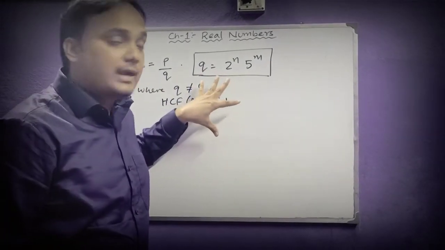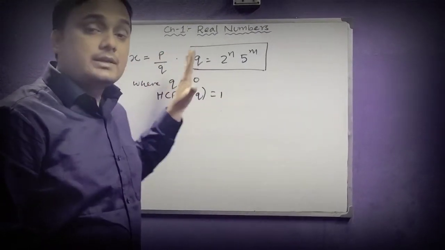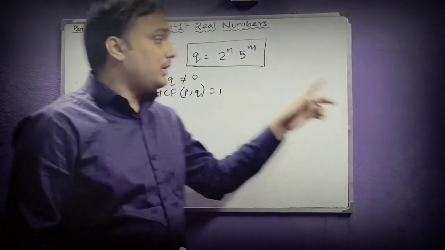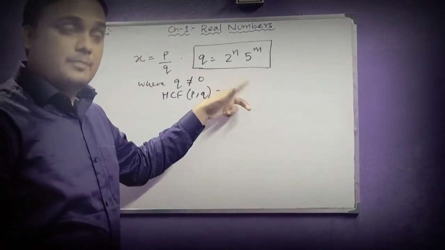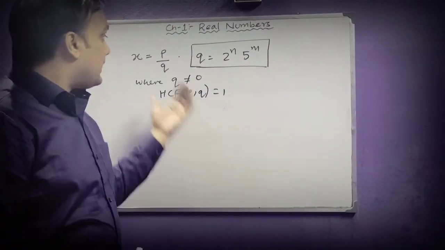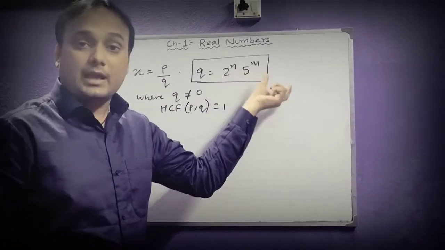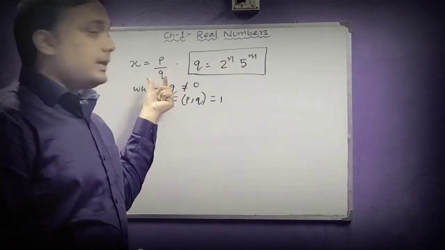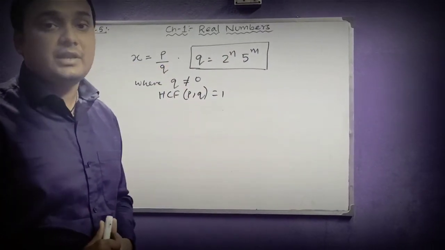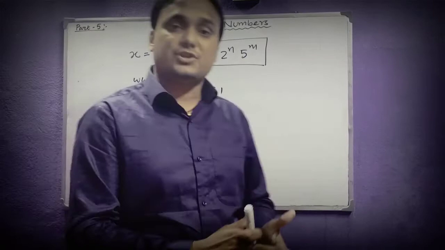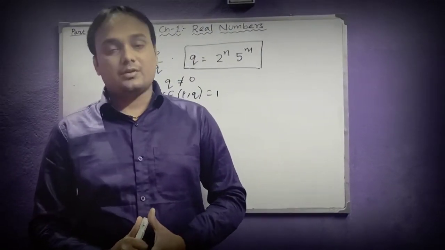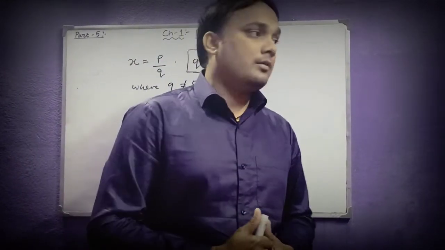Here I said that if x has a terminating decimal expansion, then q can be expressed as that. But in the converse, I'm saying that if q is expressed in this form, that is 2 to the power n and 5 to the power m, then it has a terminating decimal expansion. Both are converse to each other, vice versa of each other.